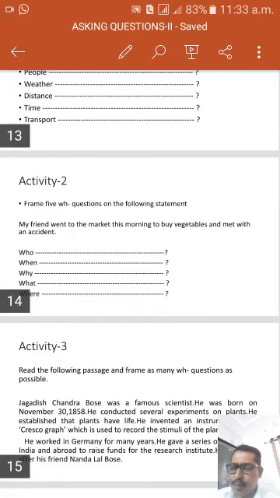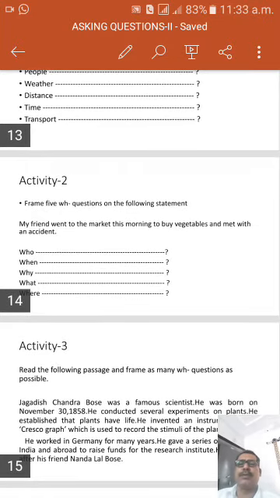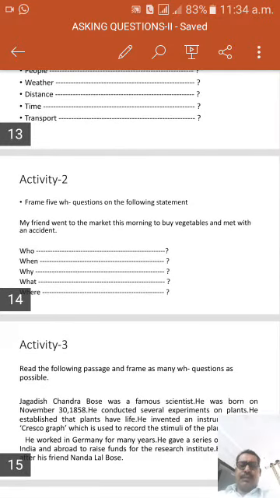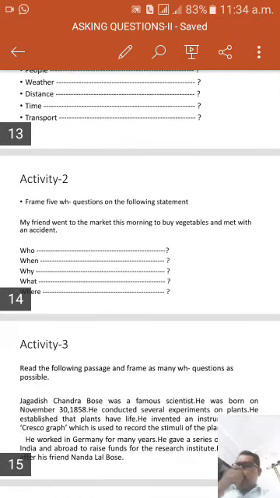What happened to him at the market? He met with an accident. Where did he go? He went to the hospital. So, in this way, you can frame some WH questions.